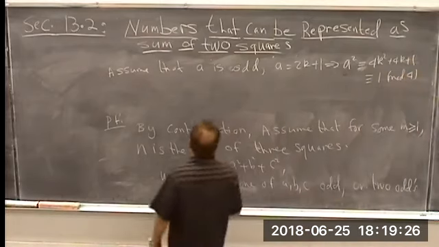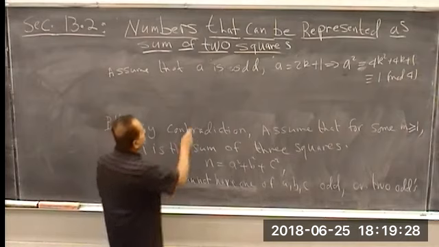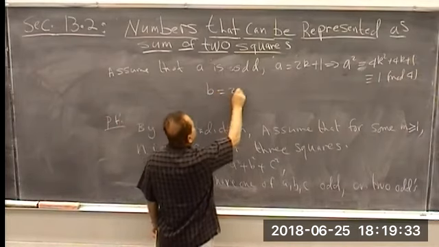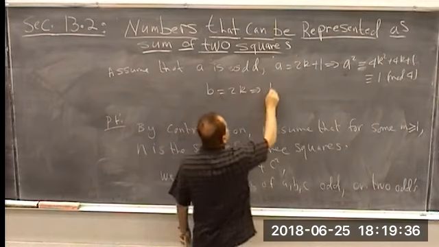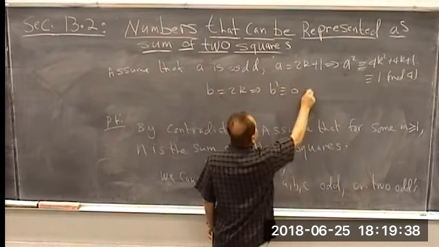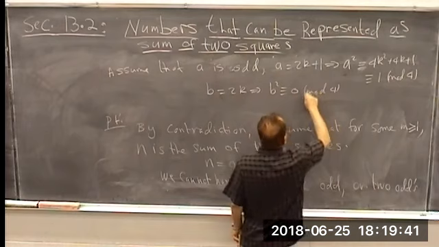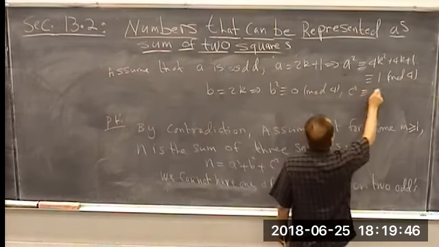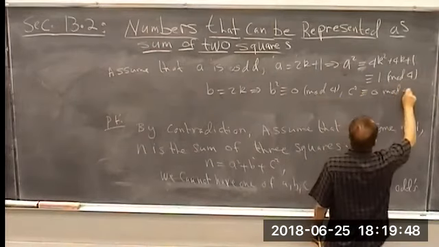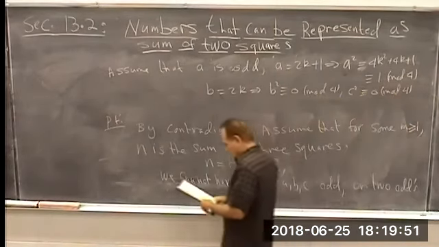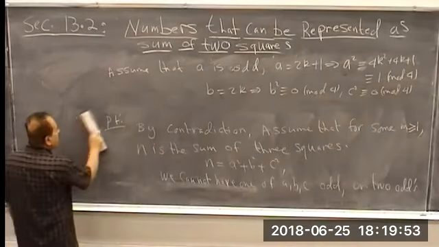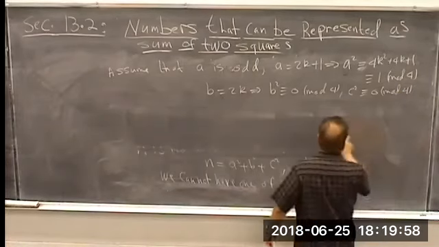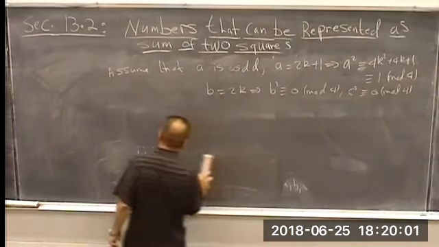Then the other two are going to be even. So B is 2k, making B squared congruent to 0 mod 4, and the same thing with C. And this means that when we add them up, we're going to come up with congruent to 1 mod 4.